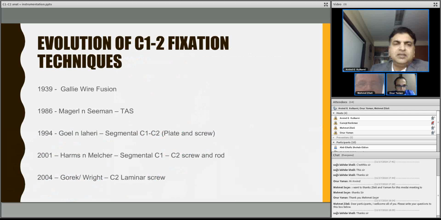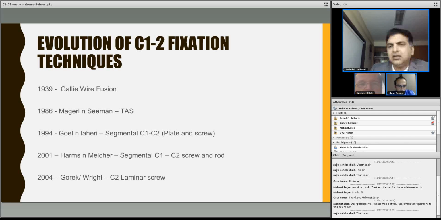So the C1-C2 being interesting. C1-C2 instability is a very common situation that we see in clinical practice, and over a period of time various techniques have evolved. As I said before, initially it was wiring around the posterior arch of C1 and the lamina of C2. So there were various kinds of midline fixations between the 1930s and 1980s.